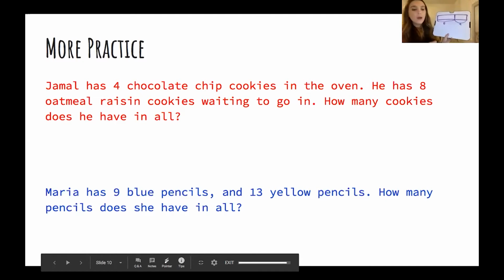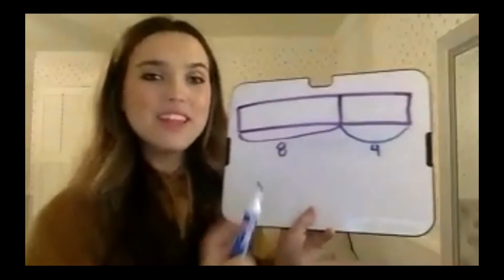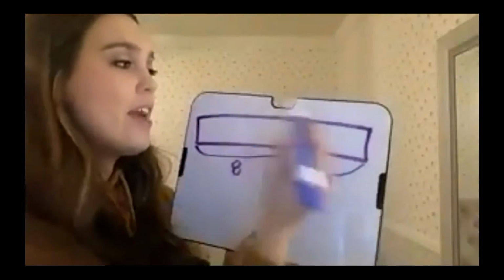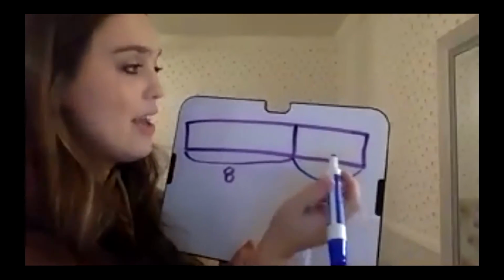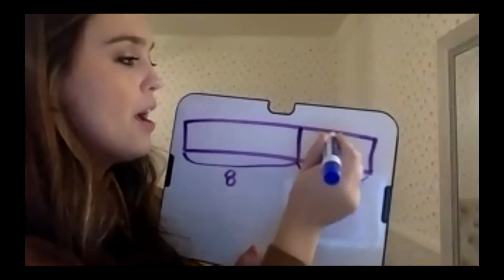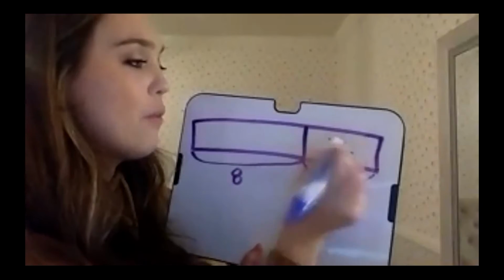All right, so I labeled these. I labeled this side as 8 because I made it just a little bit bigger. And then I labeled this side as 4 because it's a little bit smaller. I'm just going to put this like this so you guys can see. Now we can go ahead and make our little dots in there to represent our cookies. So on this side, we're just going to do 4. 1, 2, 3, and 4.